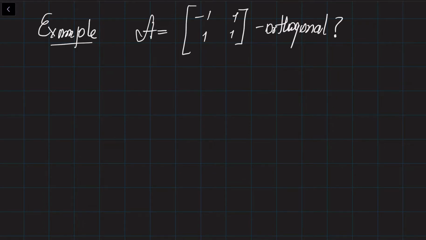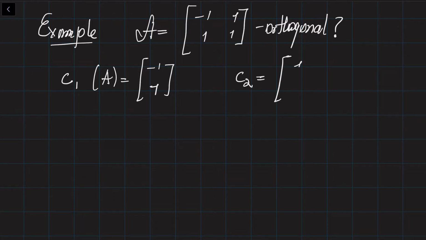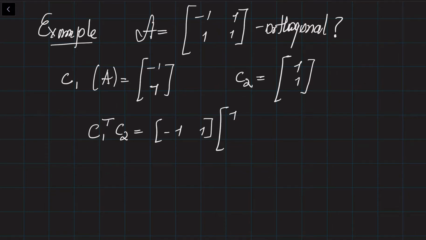Well, I've got two columns, so let me denote the first column of the matrix A as C1, with the entries -1 and 1, and C2 is equal to 1 and 1. If you multiply C1 by C2 as a scalar multiplication, it's going to be -1, 1 times 1, 1. Obviously, it's going to be equal to 0. So it means that they are perpendicular.